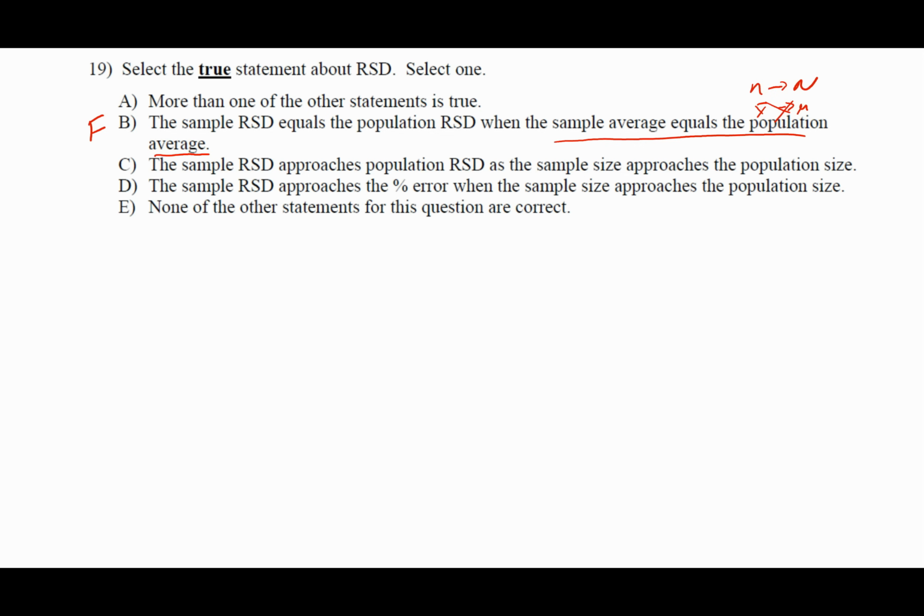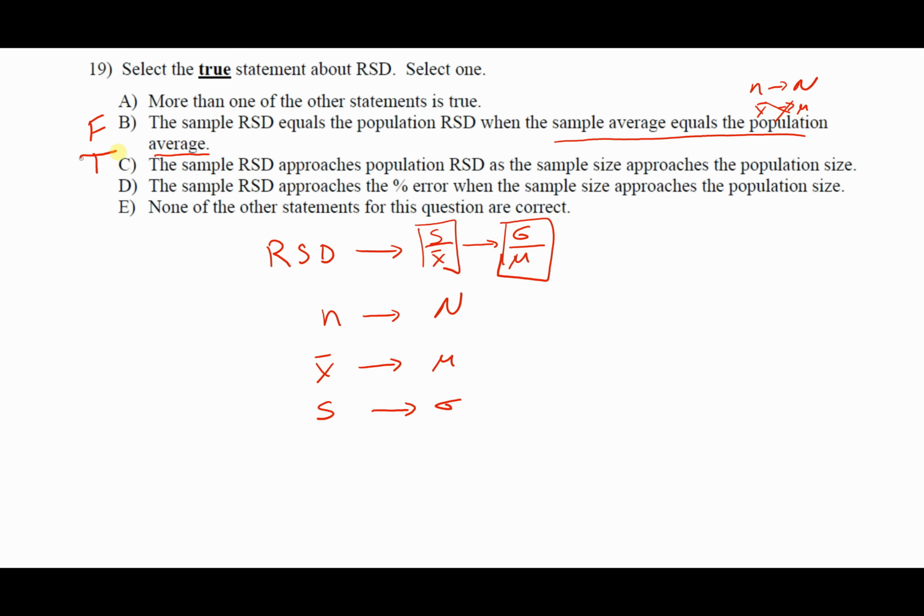So C, the sample RSD approaches the population RSD as the sample size approaches the population size. Well, we never really talked about what RSD does, right? When we talked about when n approaches big N, we talked about x bar approaching mu, and we talked about s approaching sigma. But we never talked about RSD. Well, what is RSD? RSD just happens to be s over x bar, right? And if s approaches sigma, and if x bar approaches mu, then yes, this is the population RSD, and this is your sample RSD.